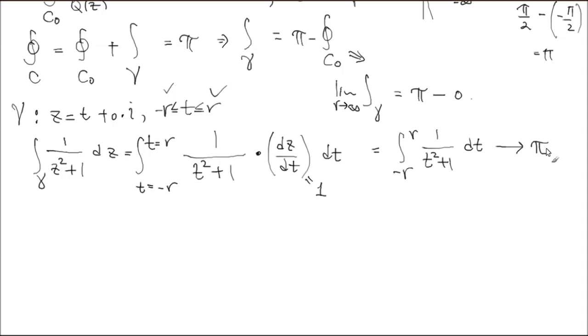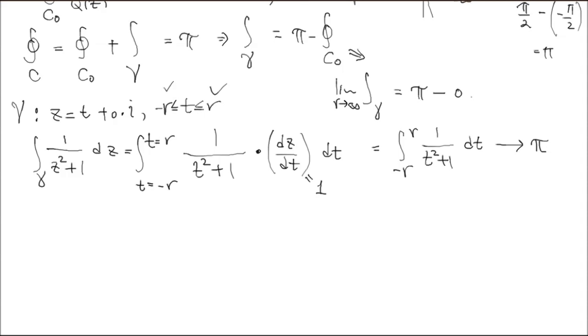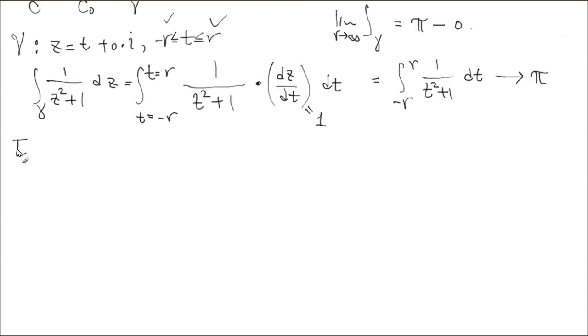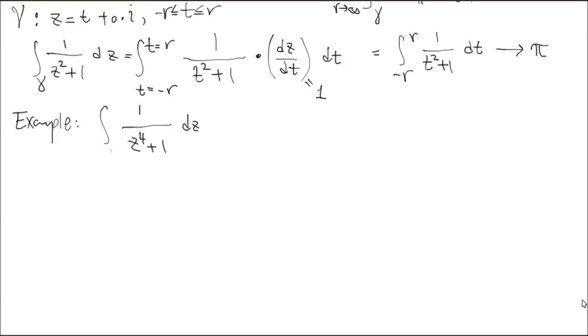Interesting. So let me go back to that example and pull up another magic there. In the homework, you calculated this guy, the integral of 1 over z to the 4th plus 1 dz over c, and we have c going around like this, that we have c0 and we have gamma there.